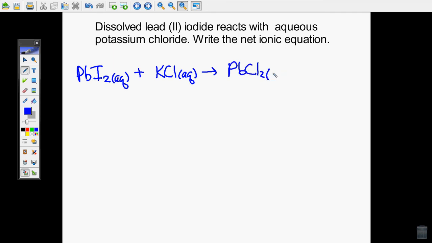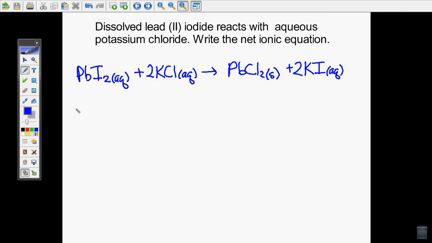Now lead chloride is not soluble, so it's going to be a solid, plus KI, which is aqueous. Now the way I'm finding these out, again, is I'm just looking at my solubility rules, I'm just rattling them off. It tells you this and this and this is soluble, this and this is insoluble. Okay, so are we balanced? No, 2 of these and 2 of these.